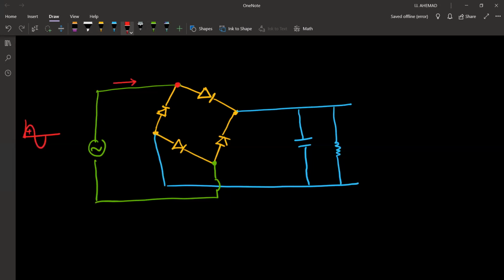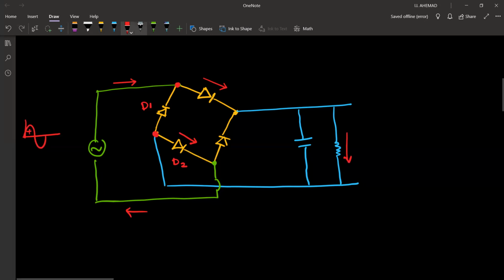This is forward biased. Therefore, the current will flow through this, and through this resistor it goes down. Let's say this is diode D1 and this is diode D2. The current will flow through D1 and it comes out of this bridge.